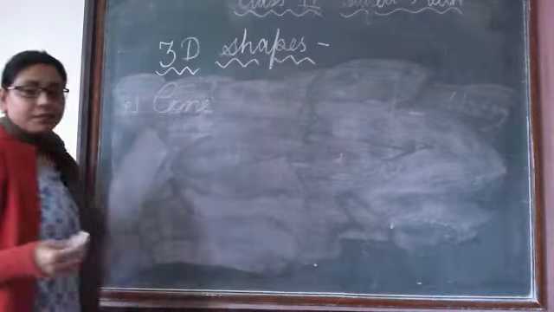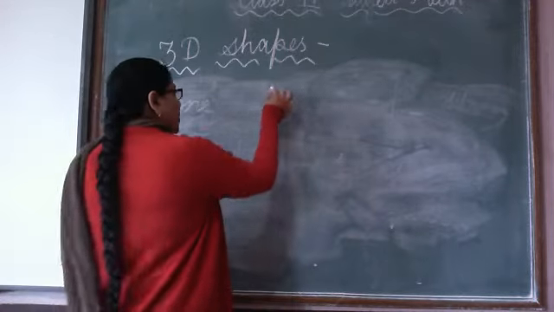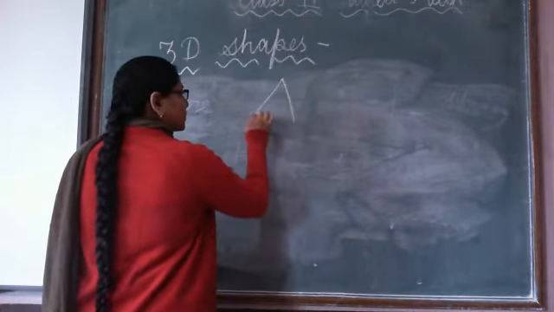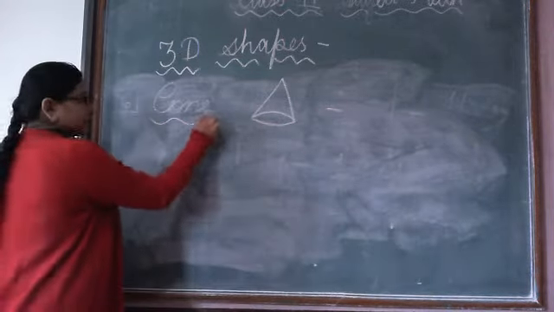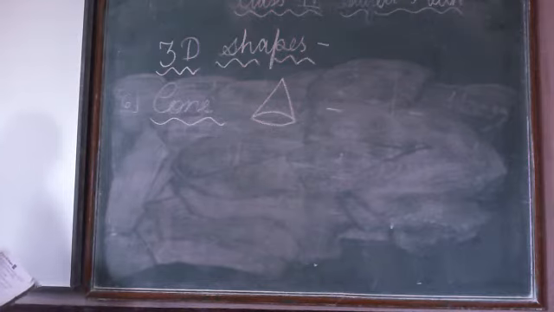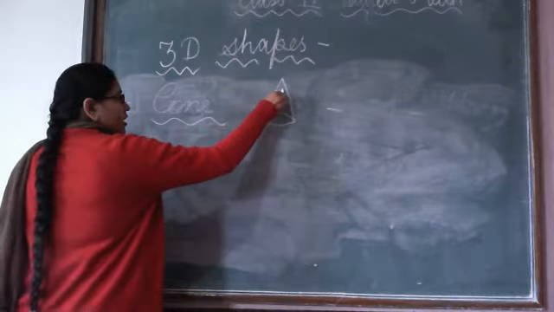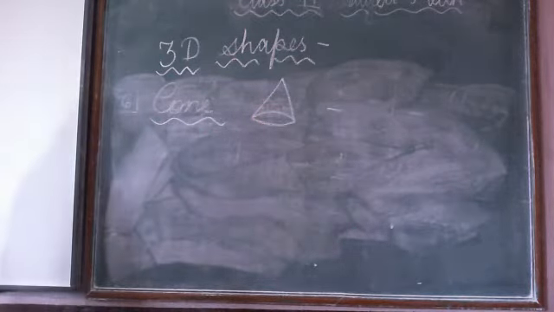So example of cone shape is your ice cream cone or your birthday cap. So this is how cone looks like. Now cone is having one curved surface and one flat surface. This is the curved surface of cone and the bottom is flat surface of cone.